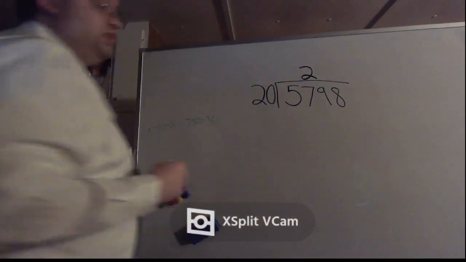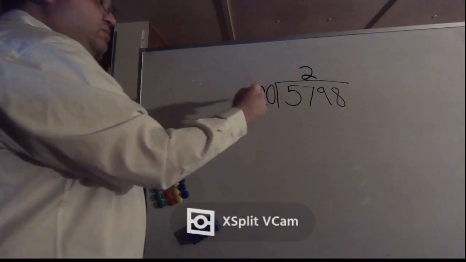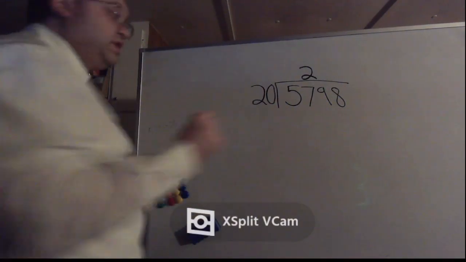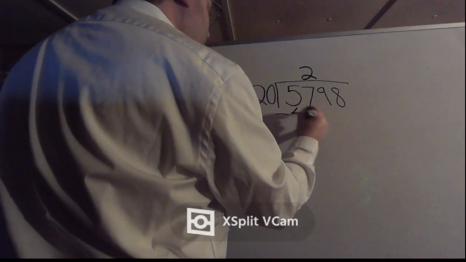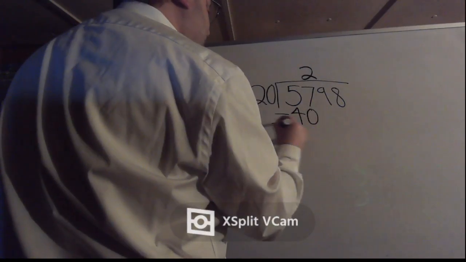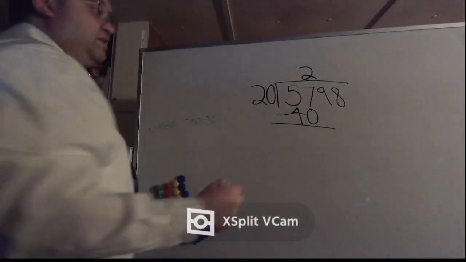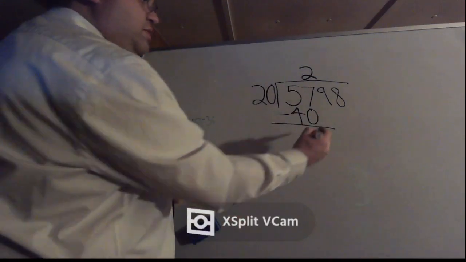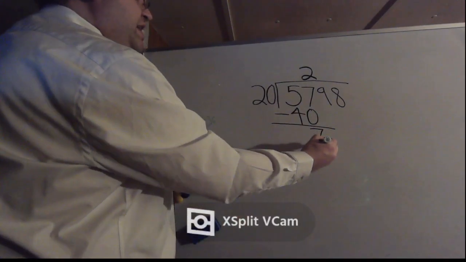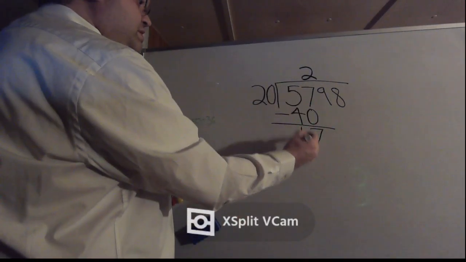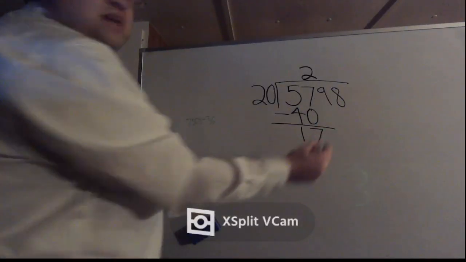So then we multiply 2 times 20, which is 40. So you'll subtract that 40 from this 57 here. 7 minus 0 is 7. 5 minus 4 is 1. Then you'll bring down the 9 from the dividend.